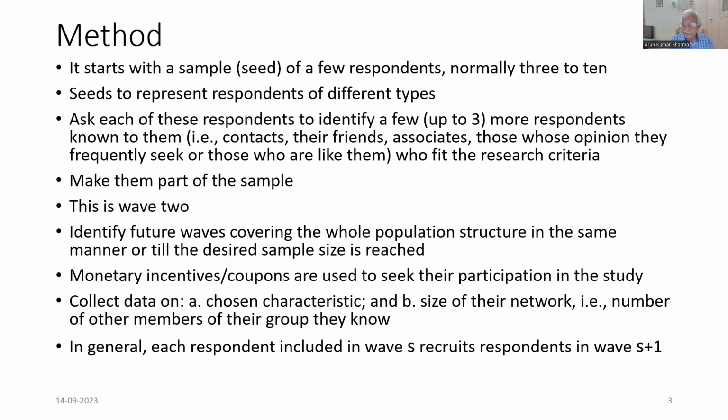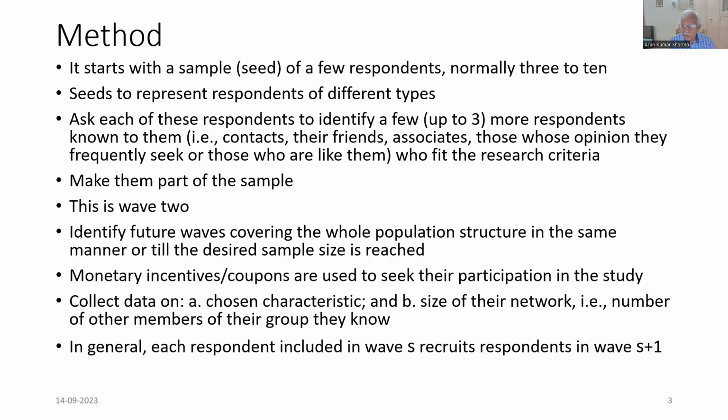You have to exercise care here that when you take a seed, you must ensure that your seed represents respondents of different types in terms of their background characteristics or in terms of relevant characteristics which we are going to study. Ask each of these respondents to identify a few.